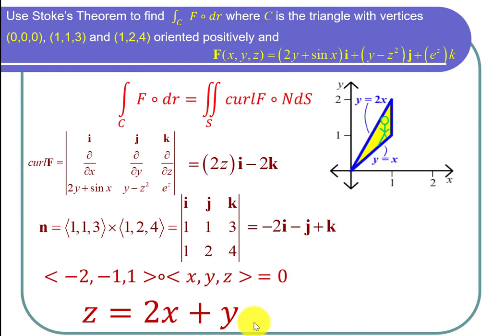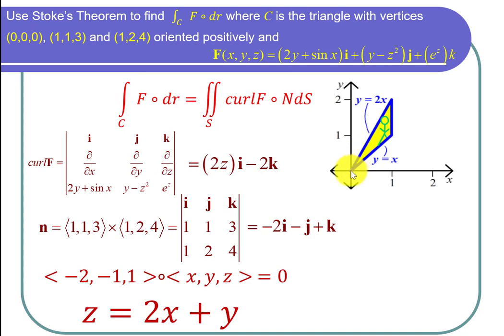Next, I can look at the limits of integration. X and y are our variables, so we're really looking in the xy plane. I can draw the projection of the triangle in three-dimensional space onto the xy plane, which means you just ignore the z component. So we get (0, 0), (1, 1), and (1, 2). I draw this triangle.